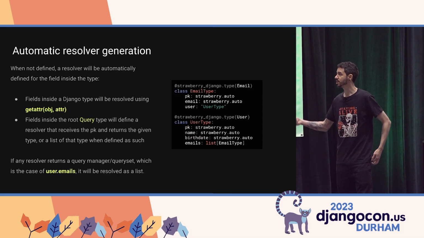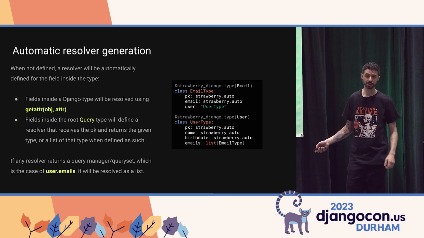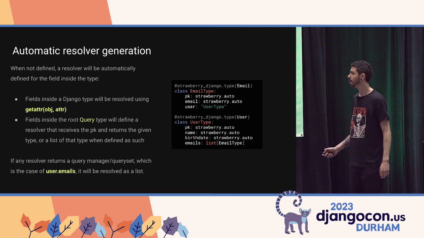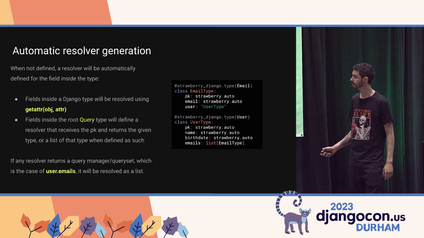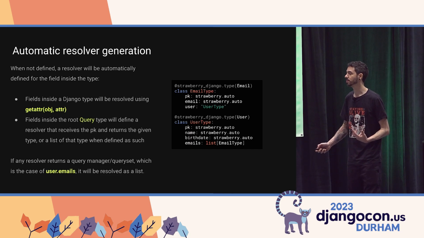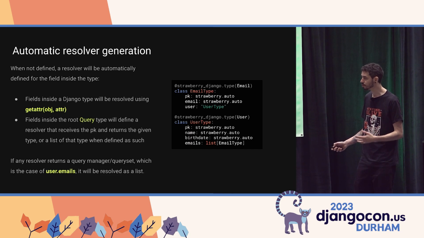It has automatic resolver generation, as I mentioned as well. So for example, in this case, I have a user type and an email type. The email type, for example, has an email and annotated with strawberry.auto. When trying to resolve it, and this is how actually Strawberry works, it will retrieve the email in here, for example, using get attribute in the object.